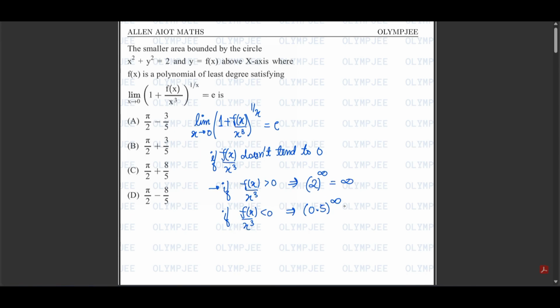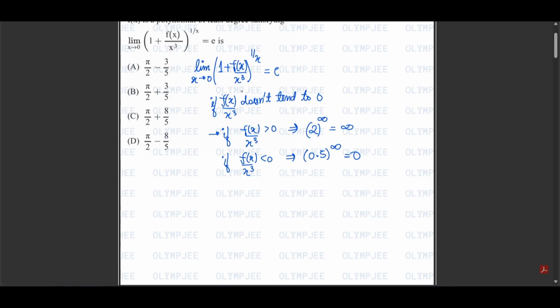So this will automatically tend to 0, or if the negative thing is even greater than 1, or -2, then it might also tend to minus infinity. So for finite value e, limit x tending to 0, f(x) by x cube must tend to 0, right? So this is the first condition.